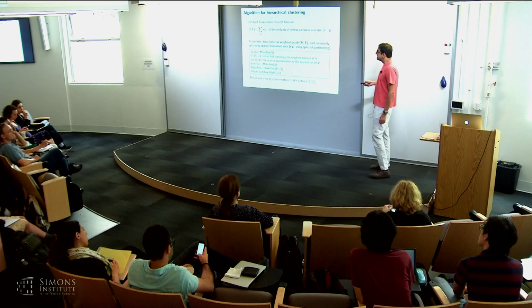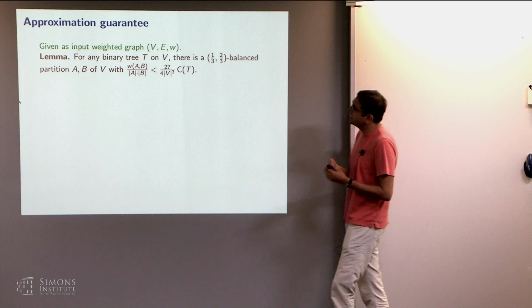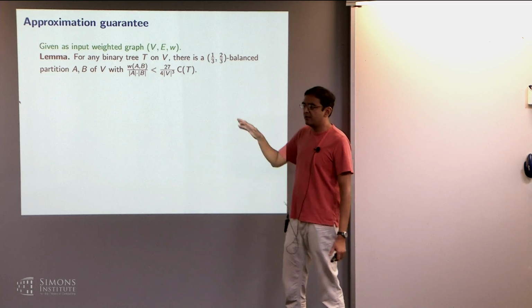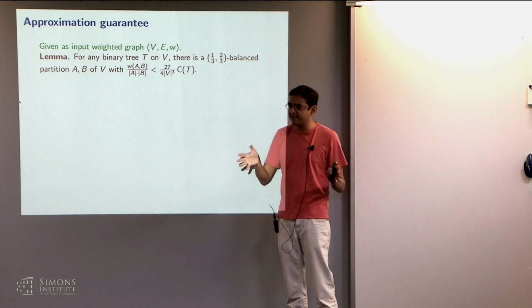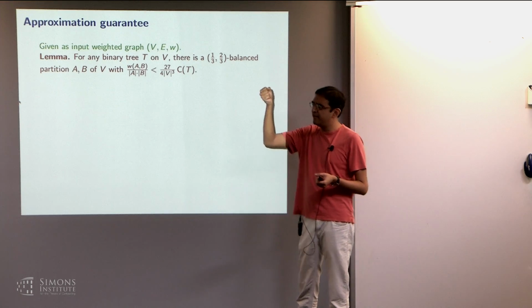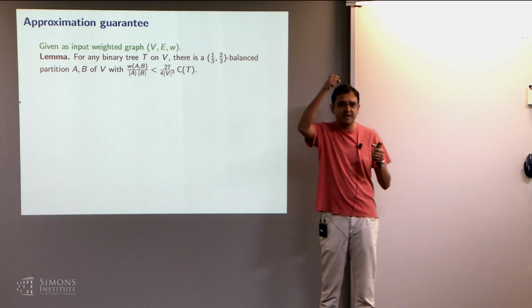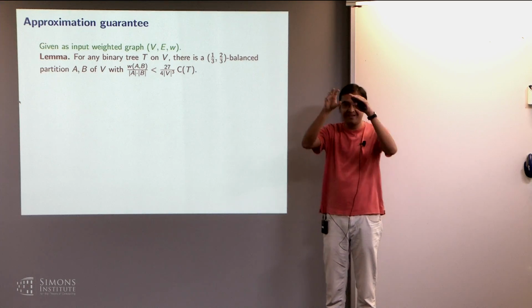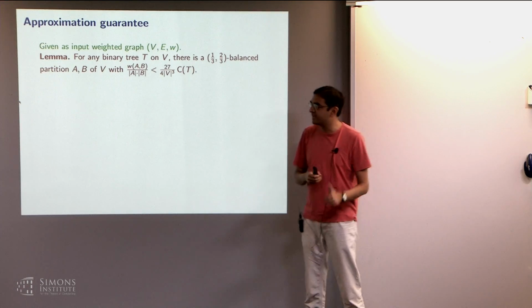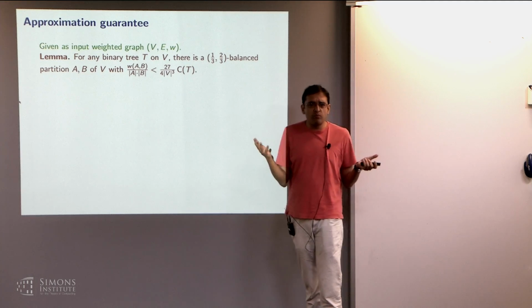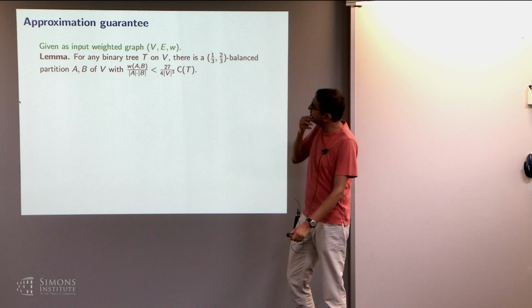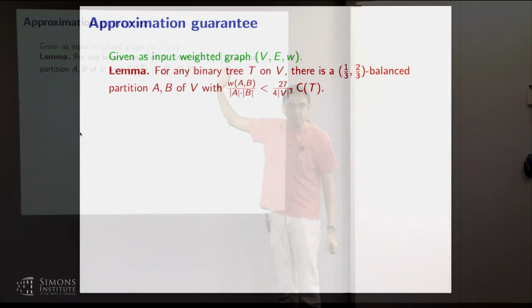Okay. So here's the argument, right? We have this cost function that applies to entire trees, and now we're greedily constructing it by doing one split at a time, in this recursive way. And why are we doing sparsest cut? Well, what you can show is that pick any tree you like.